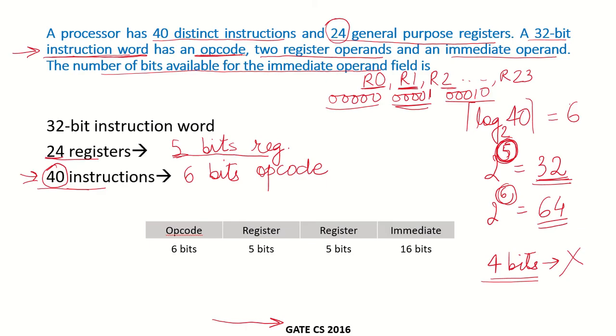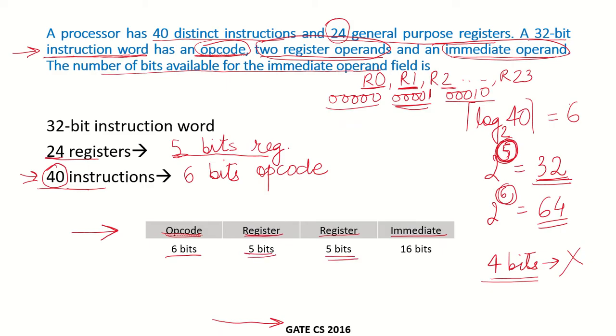Looking at the format of the instruction, I have the opcode, 2 register operands, and an immediate operand. I require 6 bits for the opcode, and each register requires 5 bits.